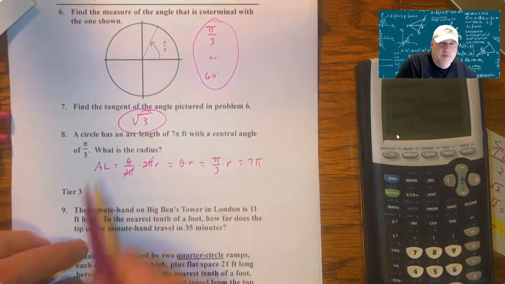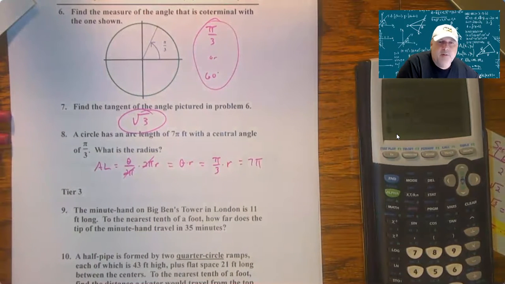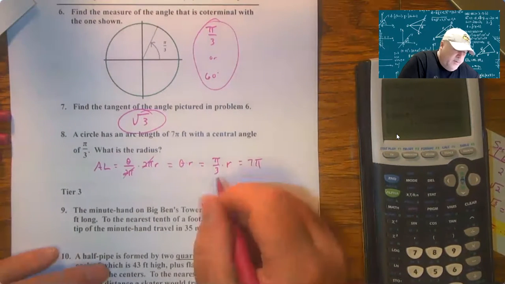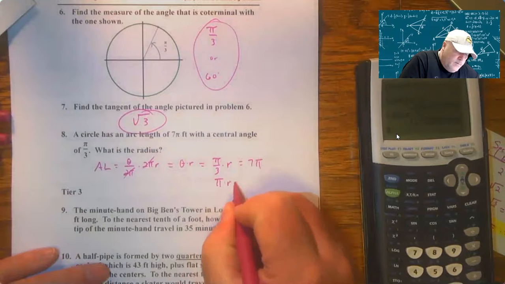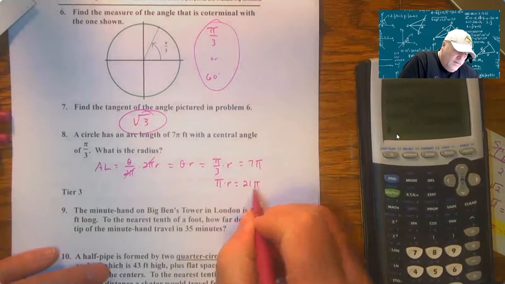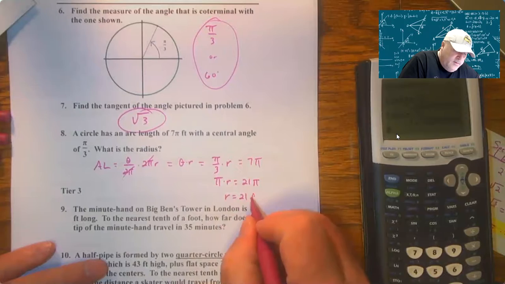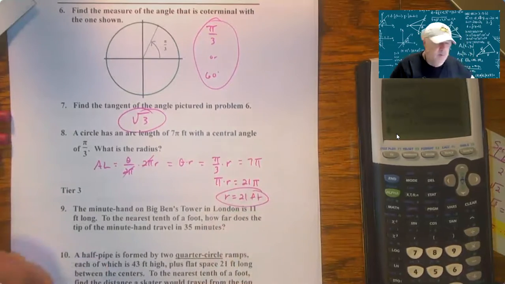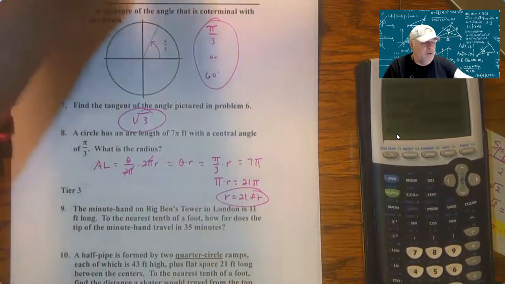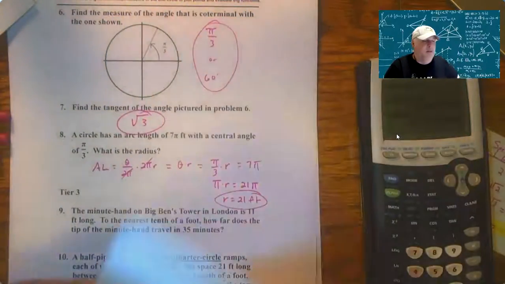I should have filled in with 7 pi over there. So we need to multiply both sides by 3. And then you can see that r is going to be 21 feet when you divide by pi on both sides.